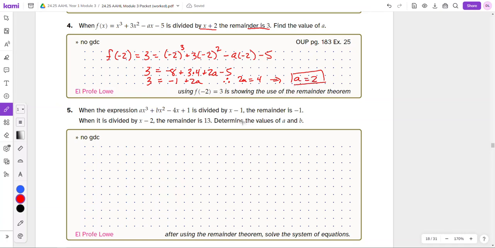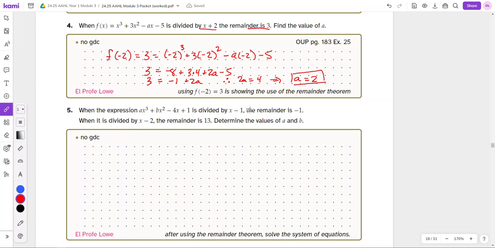Okay. If we look to our next example, we have this polynomial divided by x minus 1, the remainder is negative 1. Divided by x minus 2, the remainder is 13. Determine the values of a and b. It's important to remember that this remainder theorem only works if I have polynomials for our purposes.